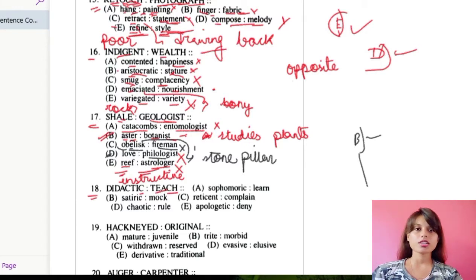So instruction and teach, both are a part of teaching. Okay, so we need to consider this kind of a relation in these options which are provided below. Now sophomoric. Sophomoric means pretentious or juvenile. Okay, you are pretending. All right, you are just showing. You are pretending.